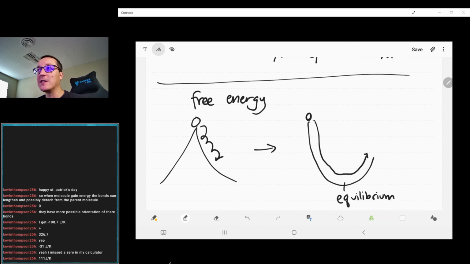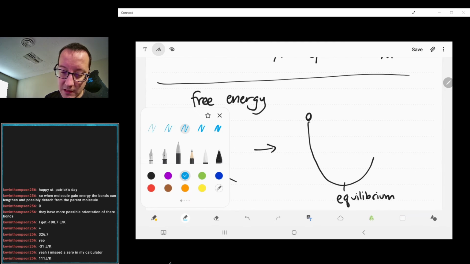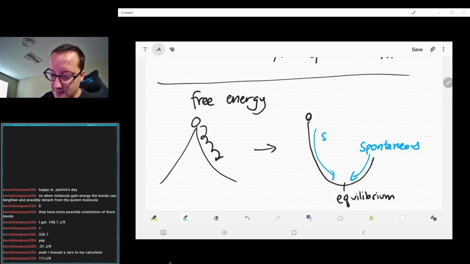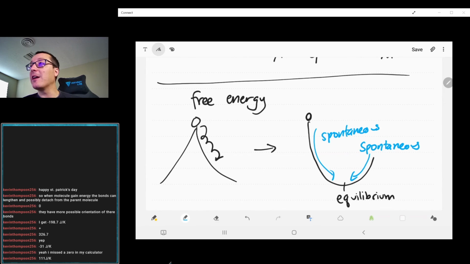And we're going to see that this is the same thing for a chemical reaction. If we're looking at reaction progress, for example, we're going to see that the reaction will be spontaneous from either side of the equilibrium. And that's how equilibrium works, right?